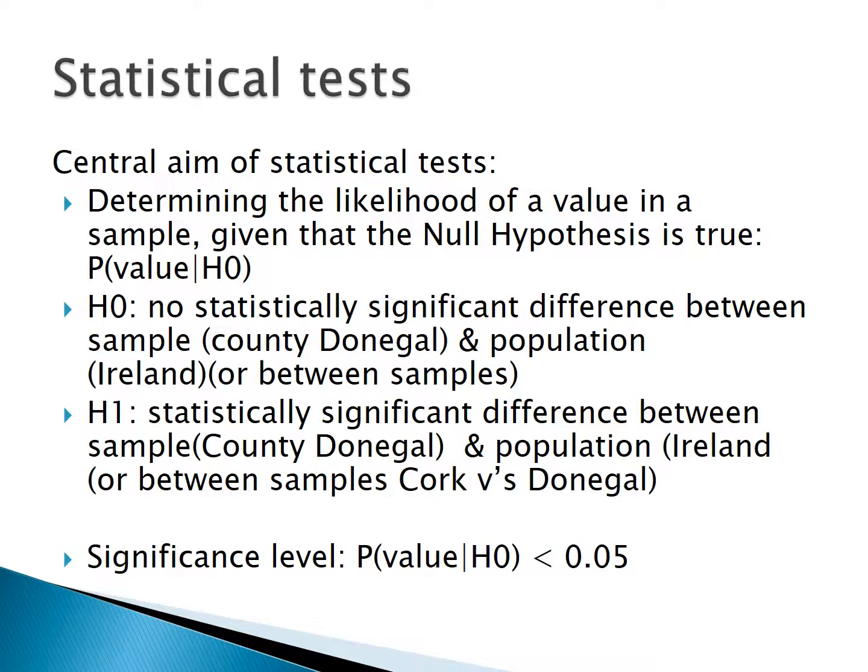So there's no difference between where you're from and how you like your steak cooked. H1: there is a statistically significant difference between the sample, Donegal, and the population, Ireland. And the significance level is usually expressed as a particular value, and you have to work out whether this is significant.